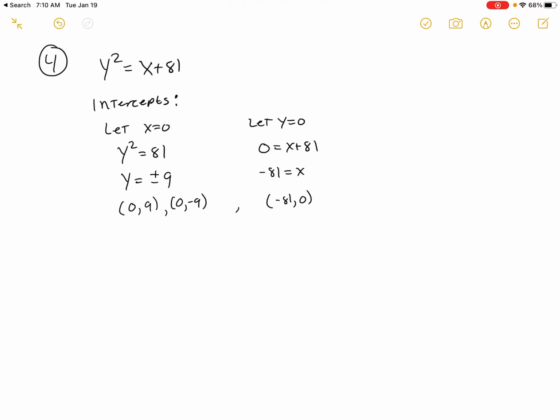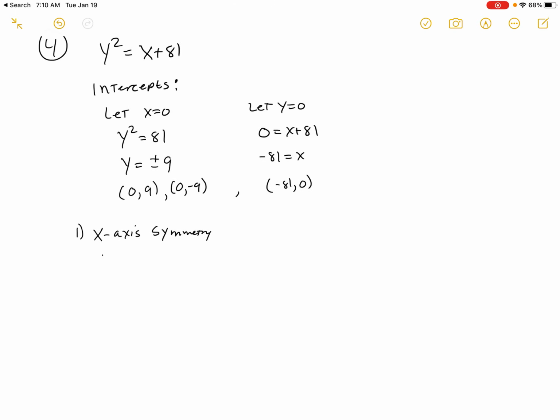They also want to know about symmetry. So let's test symmetry, first starting with x-axis symmetry. My suggestion to test for x-axis symmetry would be this.